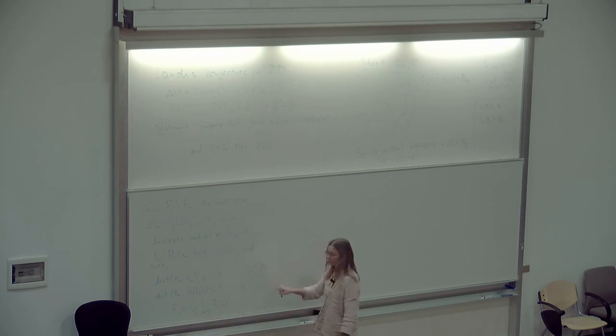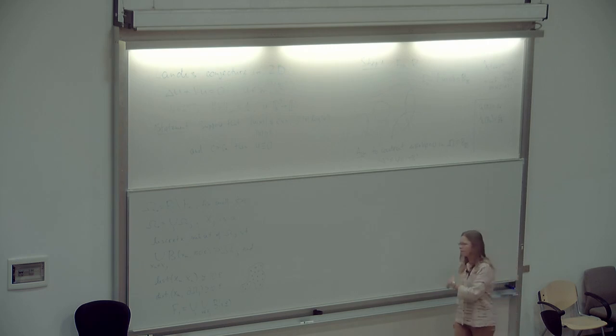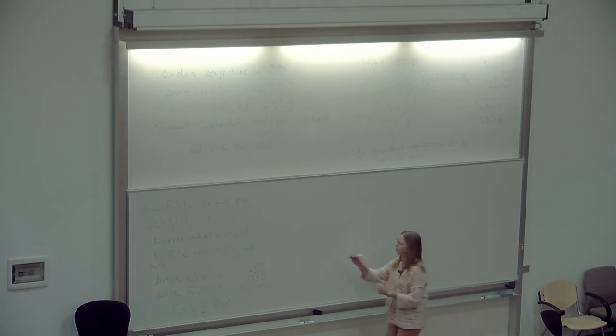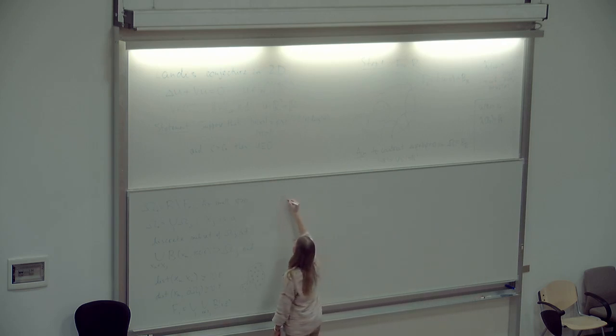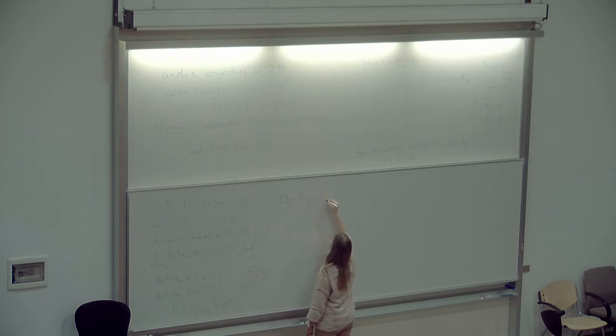So these small balls here. I claim that for this domain, the first Dirichlet eigenvalue is large. So now my domain omega is the ball of radius r minus the initial zero set minus F1.